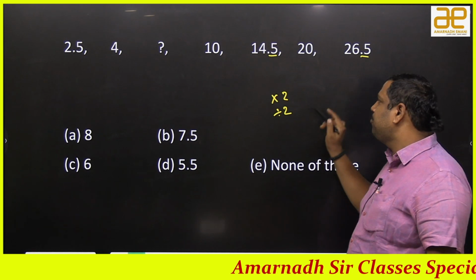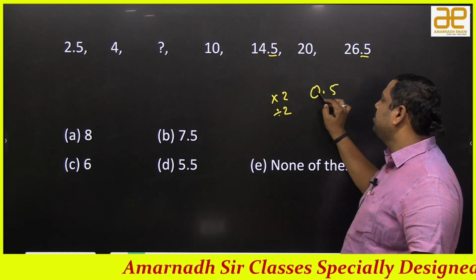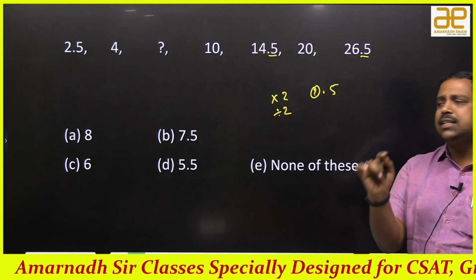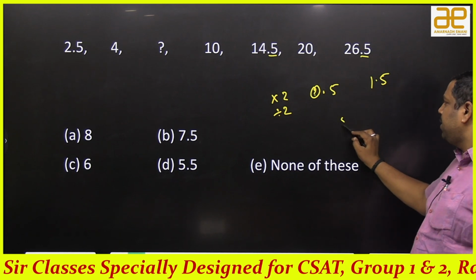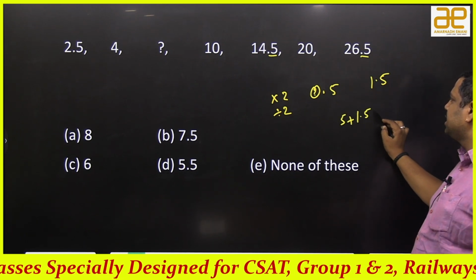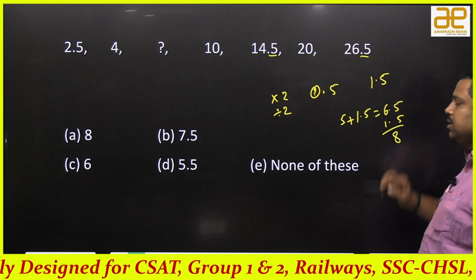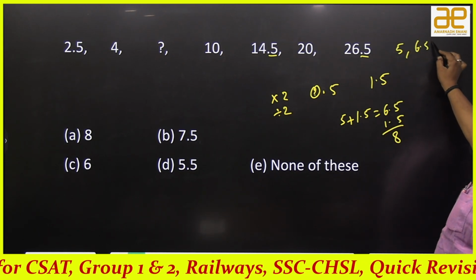Or else, if I add something with 0.5, that something may be 1, 3, 2, anything. Suppose I add 1.5 to the number. For 5 if I add 1.5, it will be 6.5. Am I right? Again if I add 1.5, it will become 8. Am I right? Means if I write the series 5, 6.5, 8.